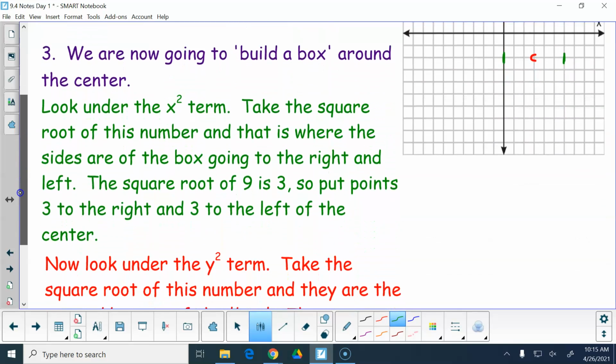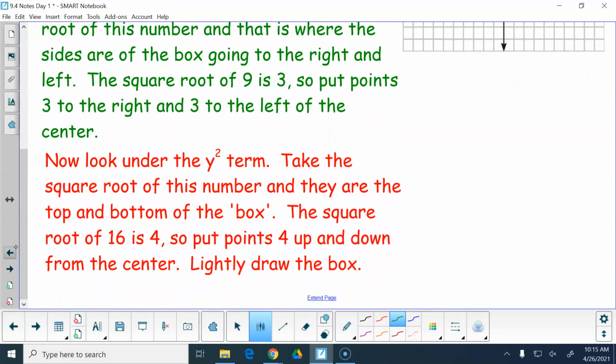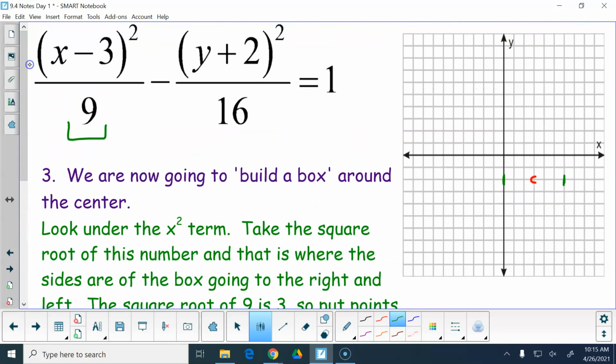Then we're going to look under the y squared term. Again, take the square root of that number, and that's going to give us the top and the bottom of our box. Okay? So if we go back up to here, that's 16. So the square root of 16 is 4.